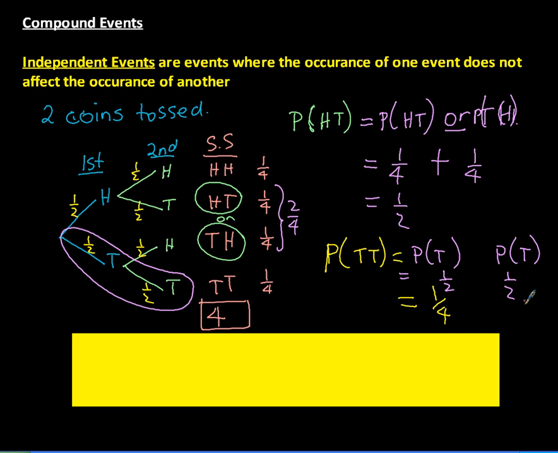What math do we actually have to do to make 1/4 there? Well, we actually have to multiply those together. So if we want one of these outcomes in the sample space, we know that we can actually multiply the probability along those branches. Alright, so let's write down what we've just noticed there.